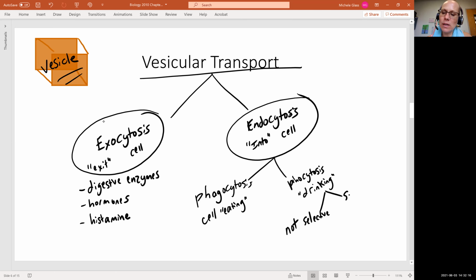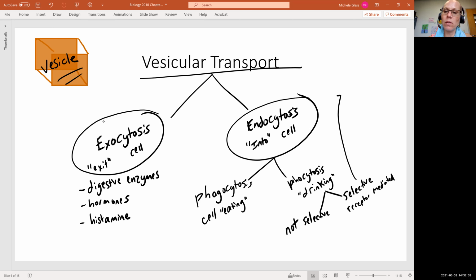But we also see that sometimes there's a selective drinking. And in this case, you basically use a receptor. So you have receptors on that cell membrane that bind to certain molecules, and then that's what gets brought into the cell.